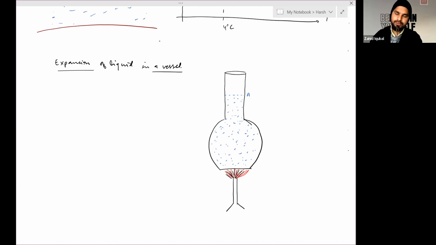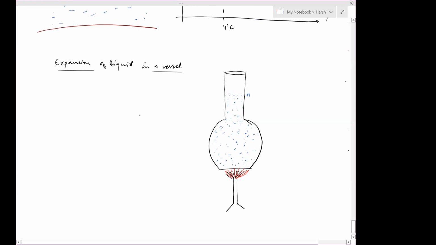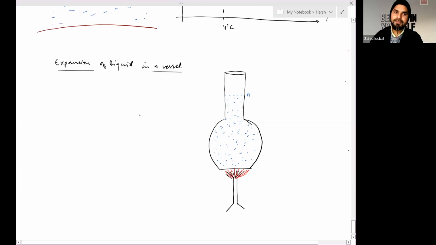Then further, when it transfers heat to the liquid, it will expand, and the level of liquid may increase to some new point. So initially this level may decrease to this point due to expansion of the vessel, and further it may reach this point due to its own expansion.